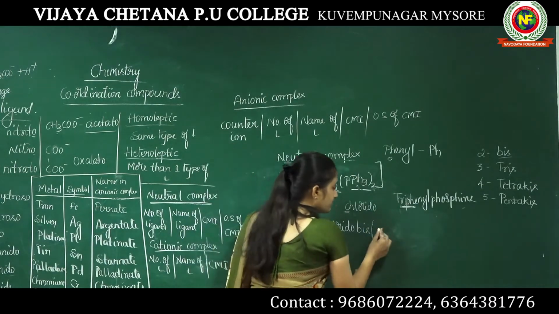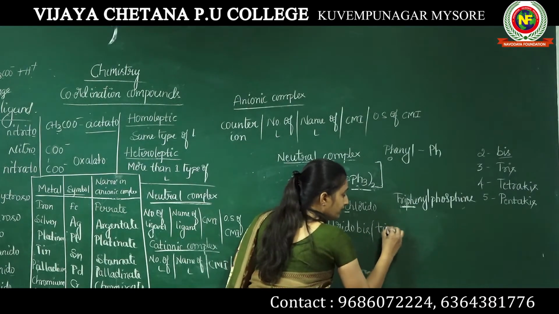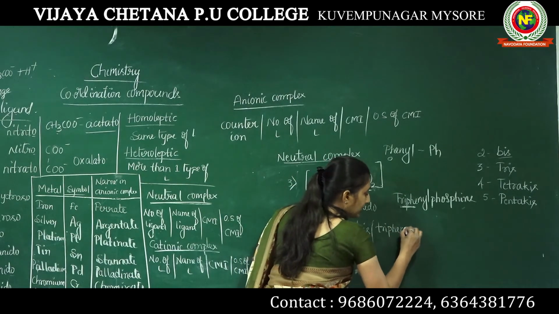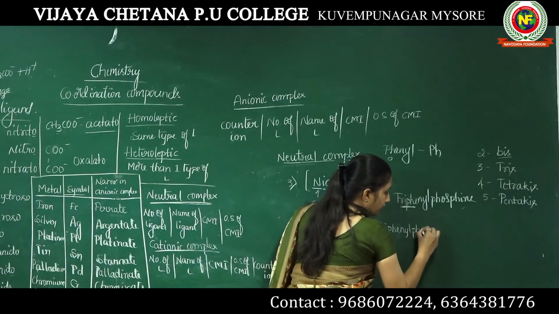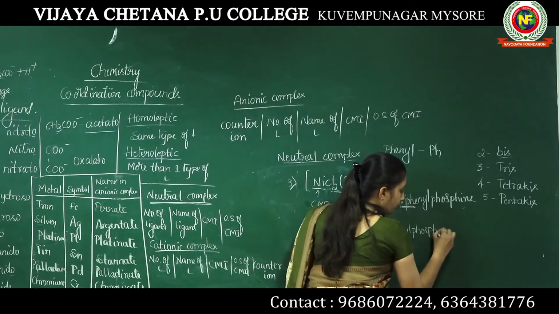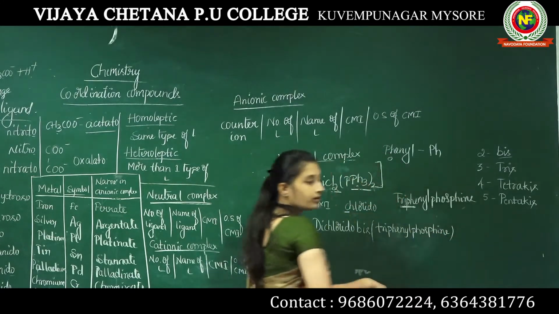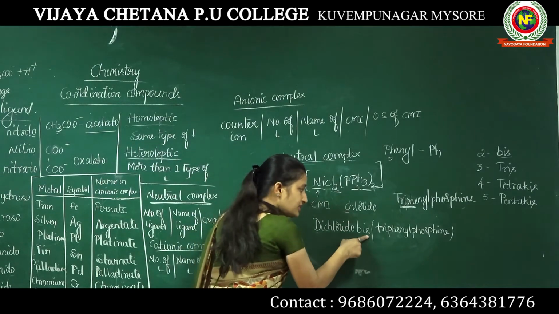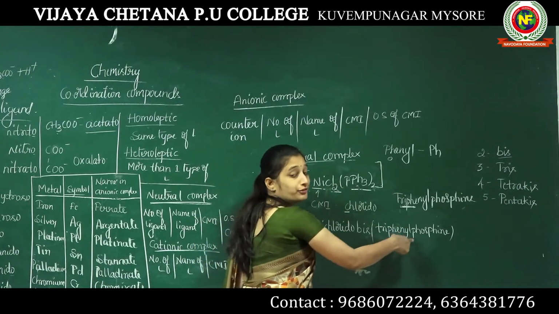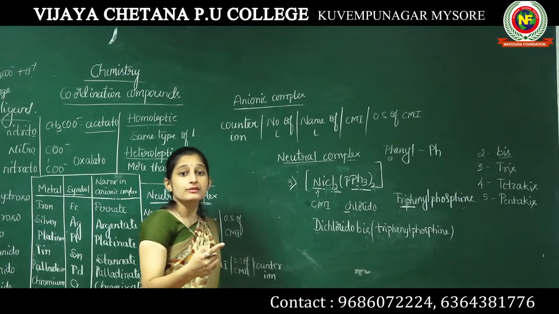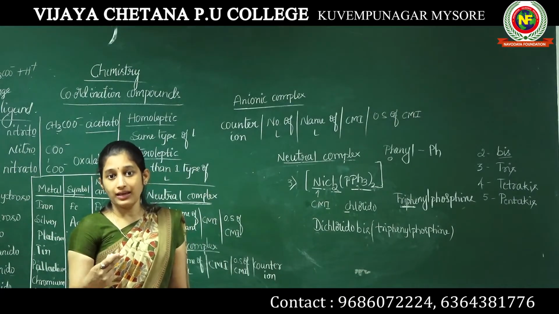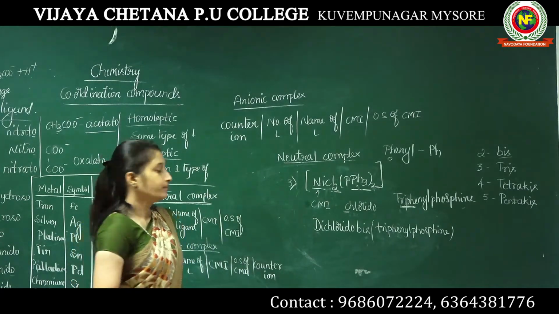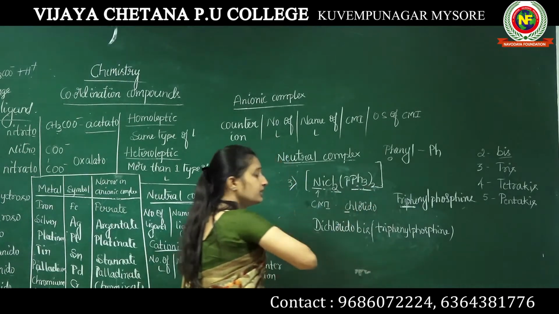What is the name for this? Triphenyl phosphine. Close the bracket. Bis means 2 times triphenyl phosphine. Triphenyl phosphine ಅನ್ನೋದು 2 times ಇದೆ.